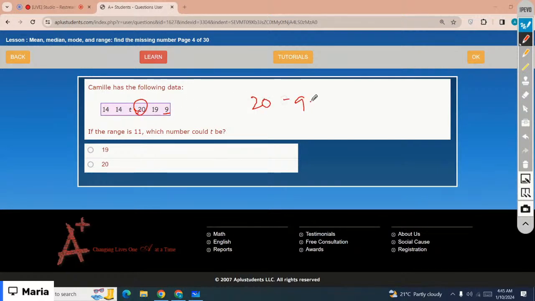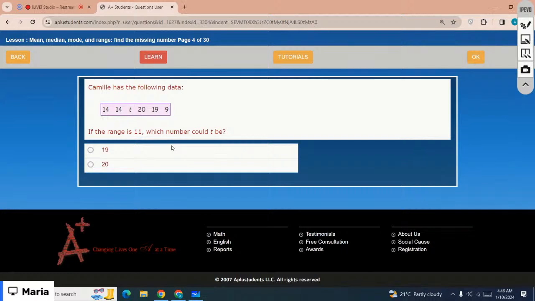So 20 minus 9 is 11, right? That means T must be 19. But it doesn't matter if T could be 19 or 20. So T could be 19.